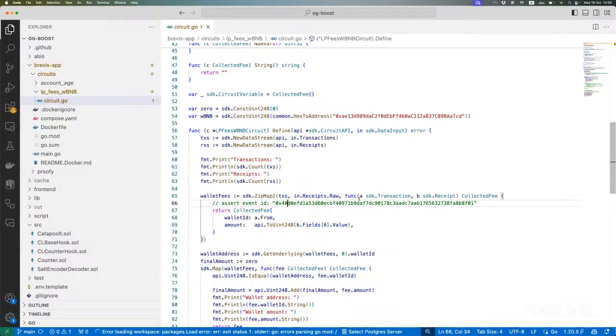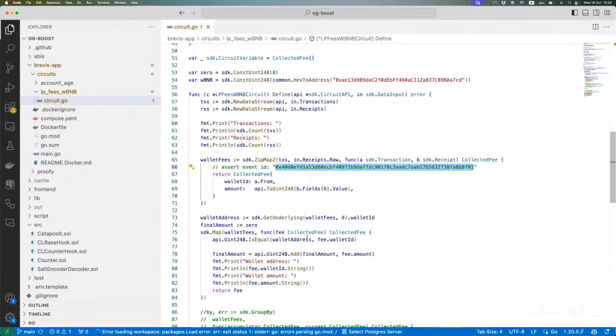And basically, this is the identifier of the event. And in that event, we have the wallet ID that has claimed the fees and the amount of the fees that have been claimed. And all these are filtered and put into the circuit.